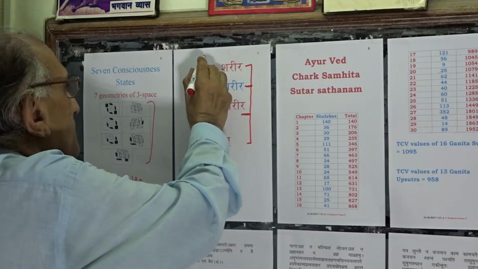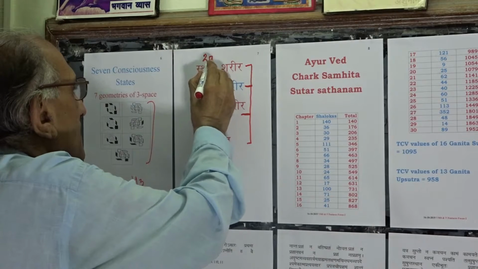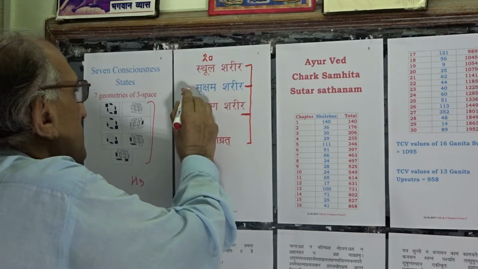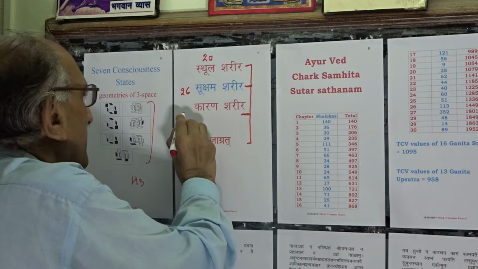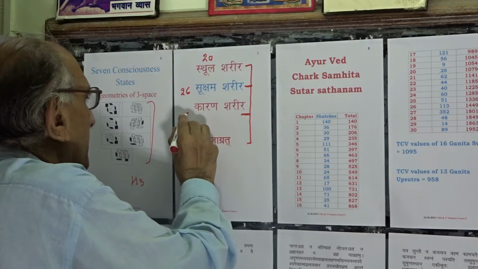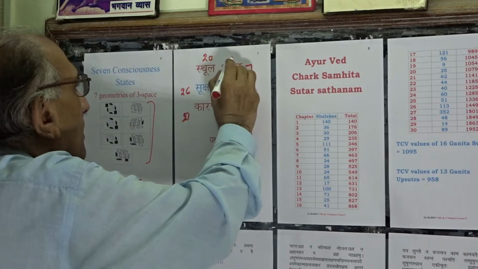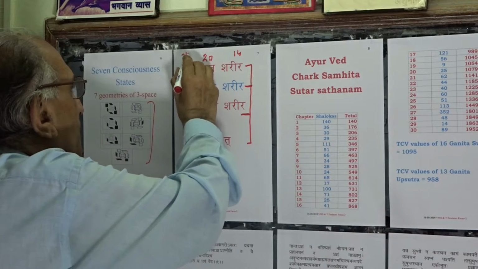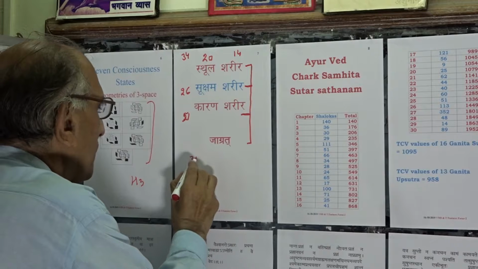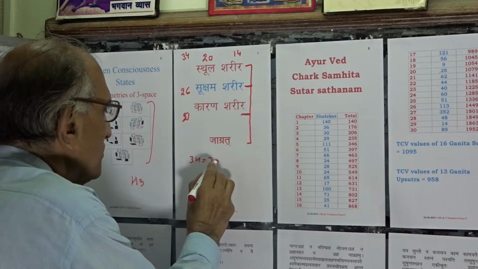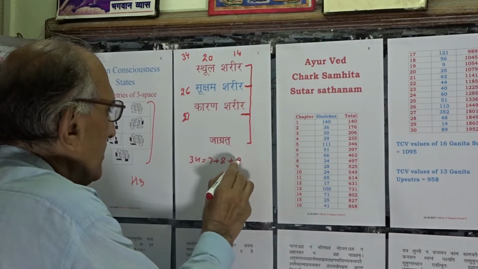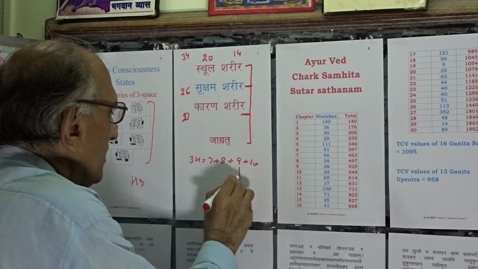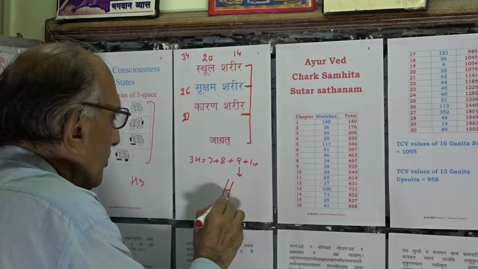So sthul is of TC value 20, suksham is of TC value 26, and karan is of value 15. Now sharir is of value 14. It leads us to value 34, and value 34 accepts an organization 7, 8, 9 and 10, and it is going to be the format of hypercube 9.